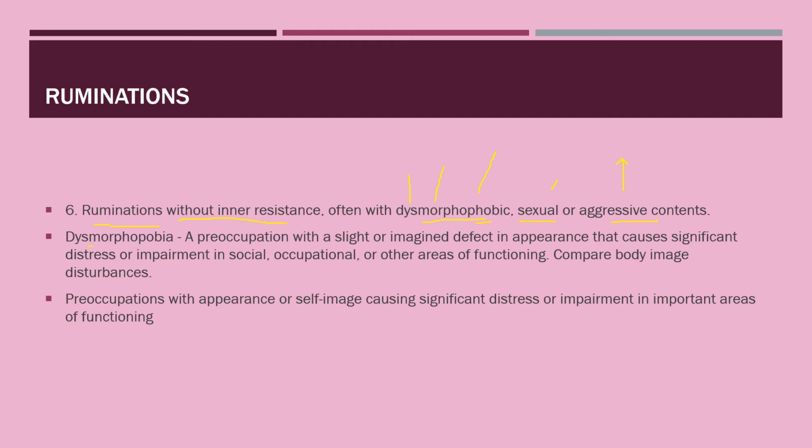Here I've tried to explain this dysmorphophobia. This is a preoccupation. That means you are preoccupied by these thoughts with a slight or imagined defect. So there is some slight or even imagined defect, you think your nose is too big, in appearance, that causes significant distress or impairment in social, occupational, or other areas of functioning.